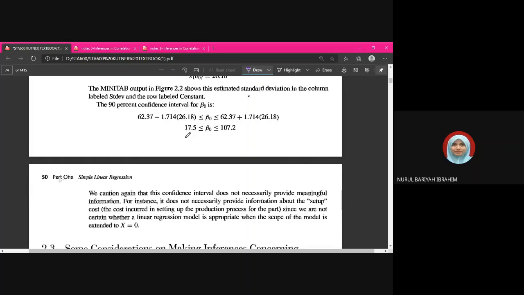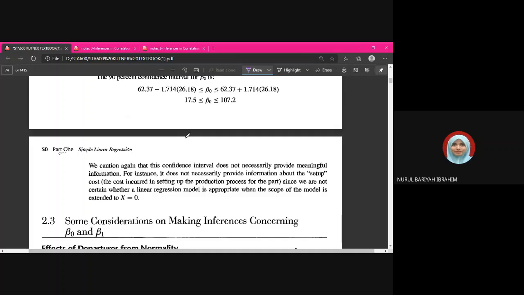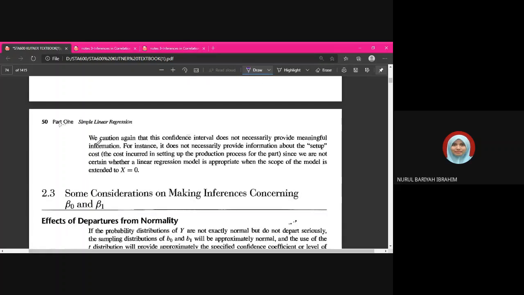Okay, kalau tengok kat sini, dia kata, we caution again that this confidence interval does not necessarily provide meaningful information. For instance, it does not necessarily provide information about the setup cost, since we are not certain whether a linear regression model is appropriate when the scope of the model is extended to x equal to 0.